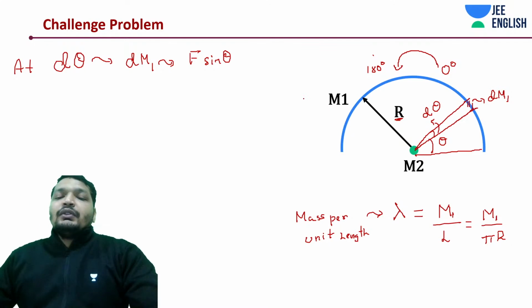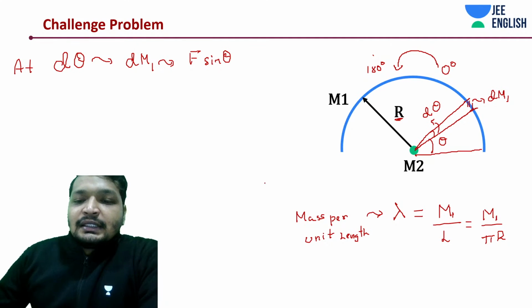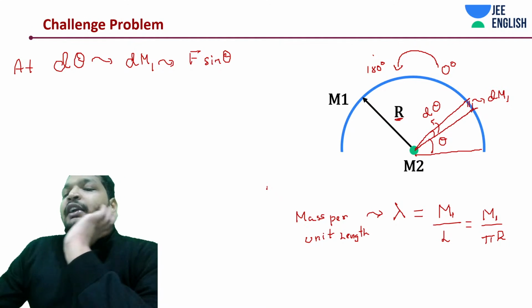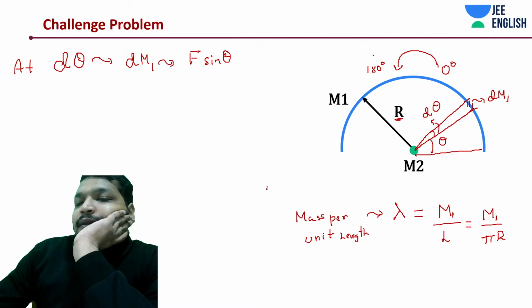Okay, that's it, you know this thing, and we need to do one more thing. We will try to express this in terms of r. If this is radius r, near about this will also be radius r, right, over here.